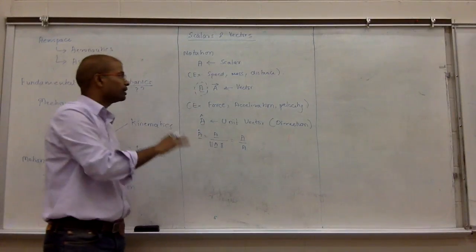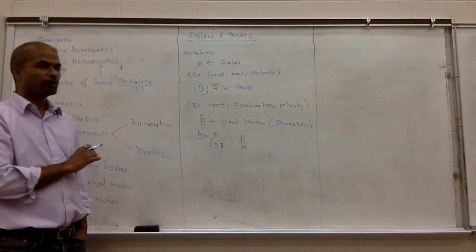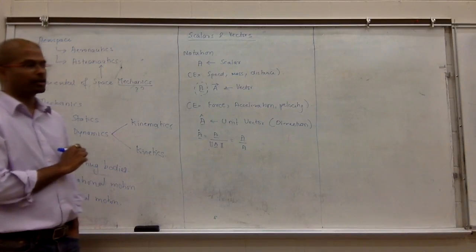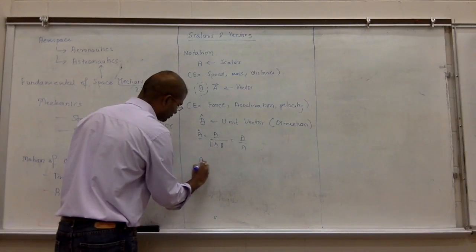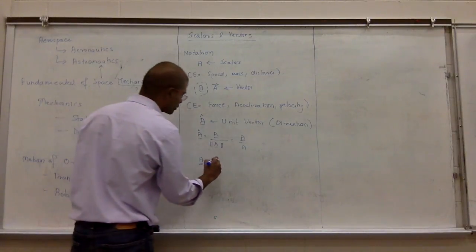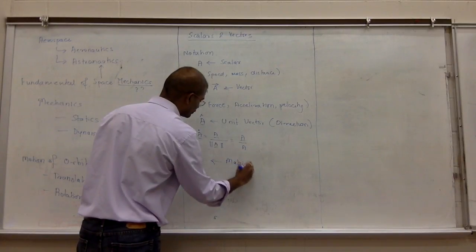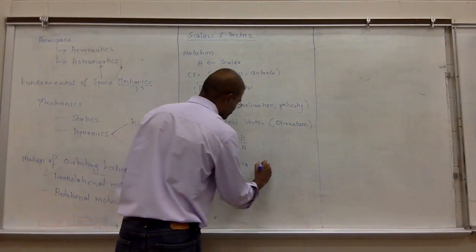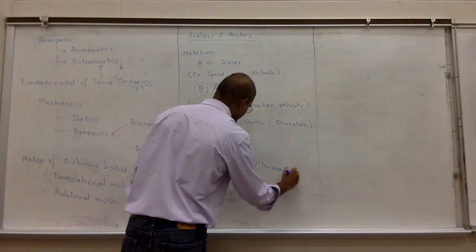Alright, so these are the notations, okay? Now we will also use one more notation, and that is for matrix. So if you have a double underline, this would be used for a matrix. So for example, have you heard about the inertia matrix?